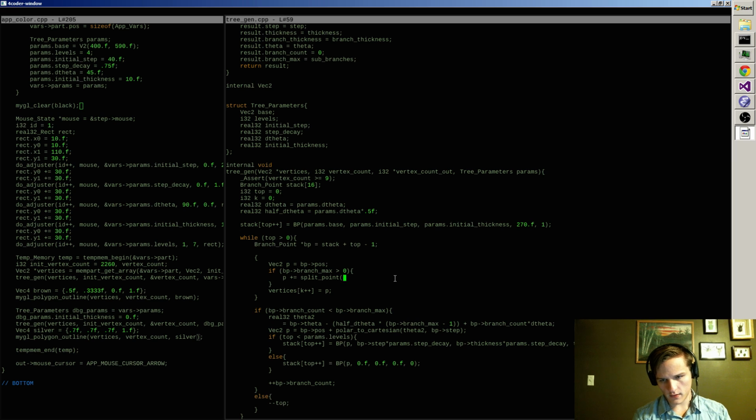Split point, and then I need to pass it the parameters, so that's the thickness and branch thickness, and how many branches it has, and which branch I want.